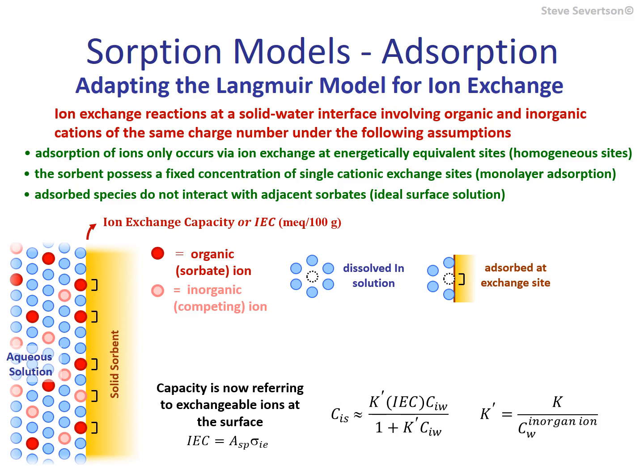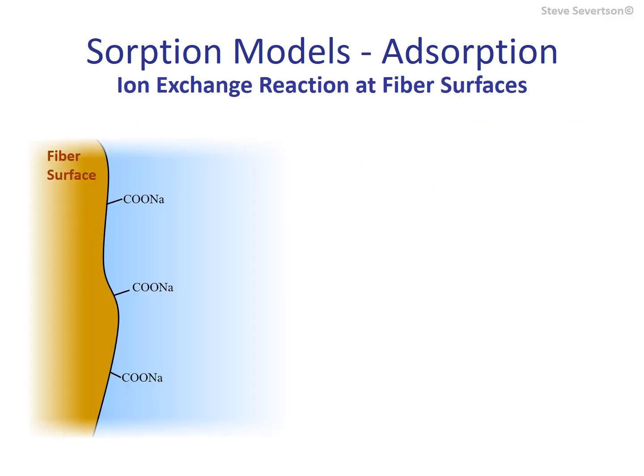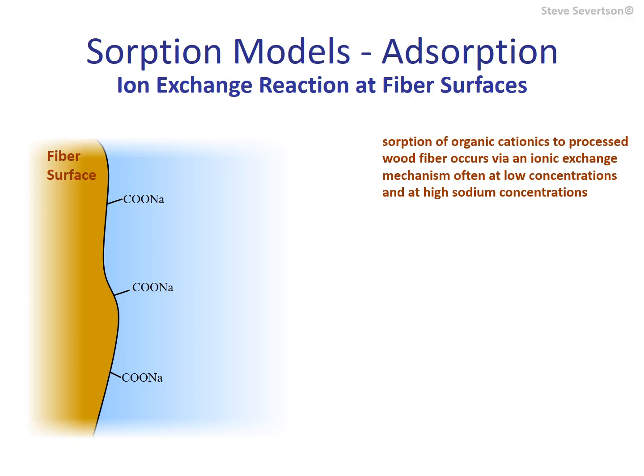Thus, this form of the equation is assumed throughout. The equation might be better described as being semi-empirical. In papermaking systems, sodium levels are usually quite high due to the use of sodium salts in pulping and bleaching operations. Under these circumstances, the approximate form of the equation is likely accurate over the entire range of organic ion concentrations. Let us consider the adsorption of an organic ion to exchange sites at fiber surfaces, acid groups, which are assumed to be occupied initially by sodium ions.